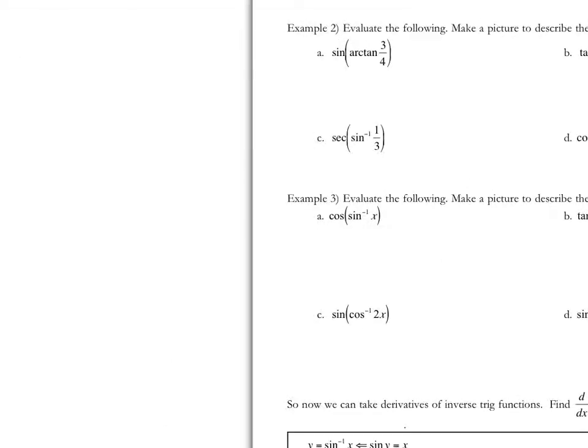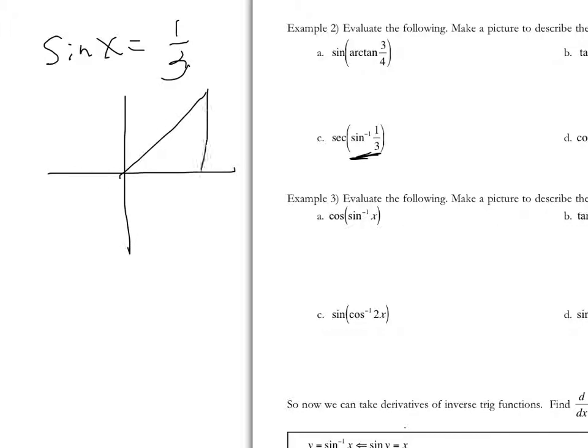So now for this next one, the inside is asking us the sine of x is equal to 1/3, and they want us to find the angle, or at least draw a triangle that represents this. So 1 over 3, and this of course will be the square root of 9 minus 1, or the square root of 8, which is 2 square roots of 2. And now they're asking us to find the secant of that.